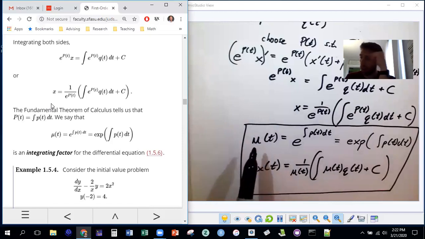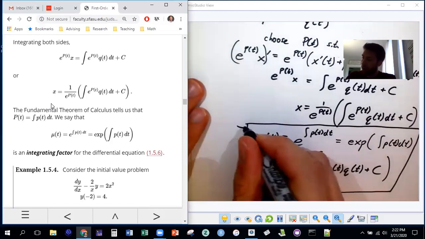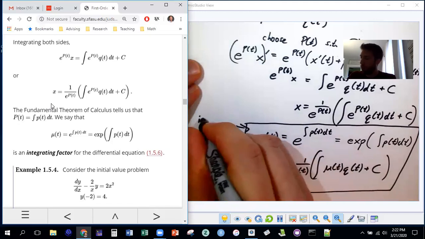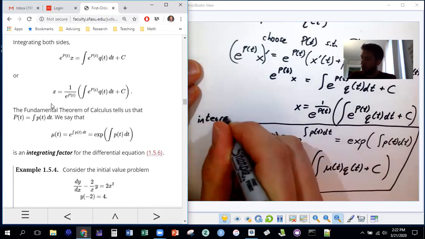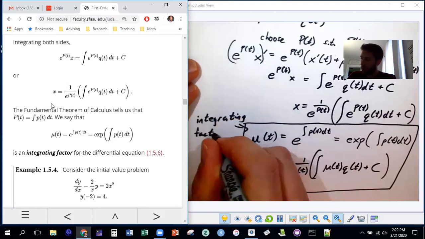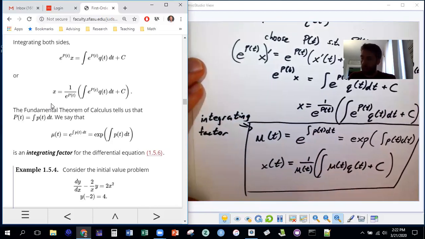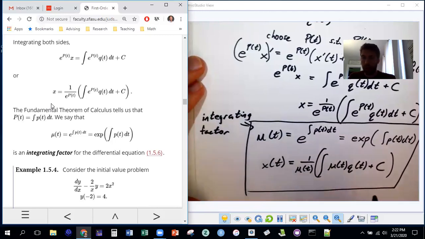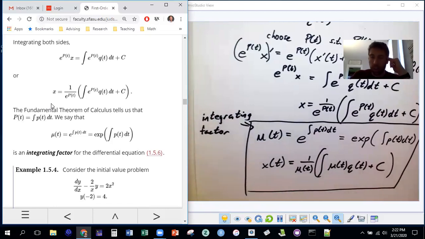This right here is your integrating factor, and then you use the integrating factor in this formula. And that gives you the answer. Okay? I recommend going through all the examples, but I'll now start creating some videos for the different activities from this section.